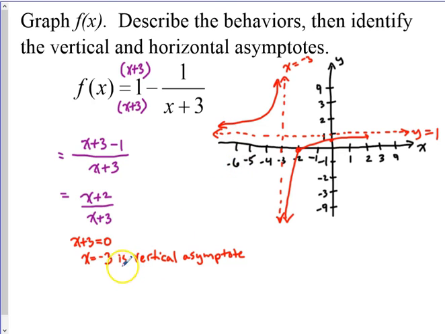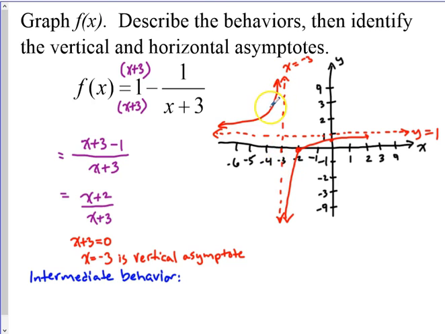Okay, so we have our vertical asymptote established, and now we just need to say what the intermediate behavior is near that asymptote. So the intermediate behavior is what's going on near that vertical asymptote.